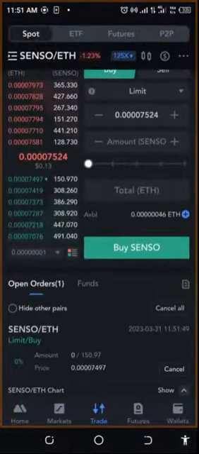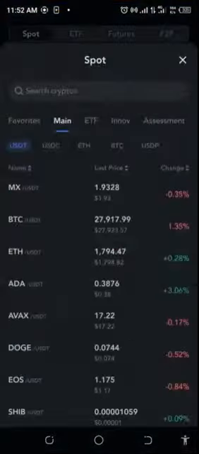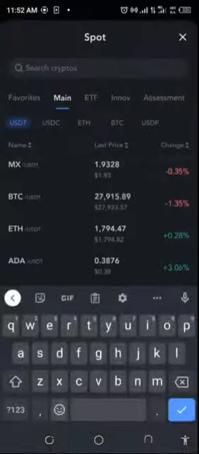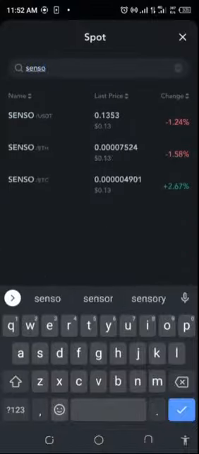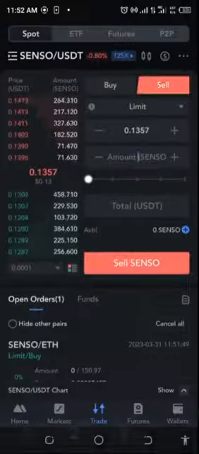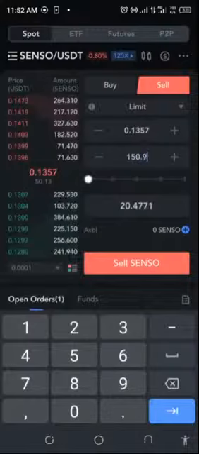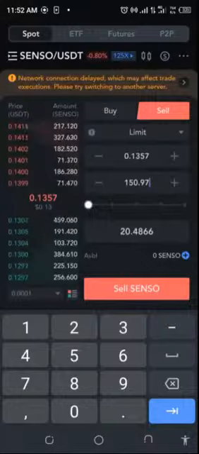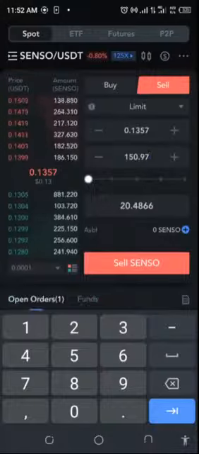Okay, let's quickly go and see if we sell this to Senso USDT, how much we're gonna make. Okay, Senso USDT. Let's see if we sell this, what would we make? That was 150.97. Whoops, we're gonna make 20.48. Yikes. Nothing really interesting, right? But anyways, it's still profit. At least we started out with 20.32, so it's still profit.